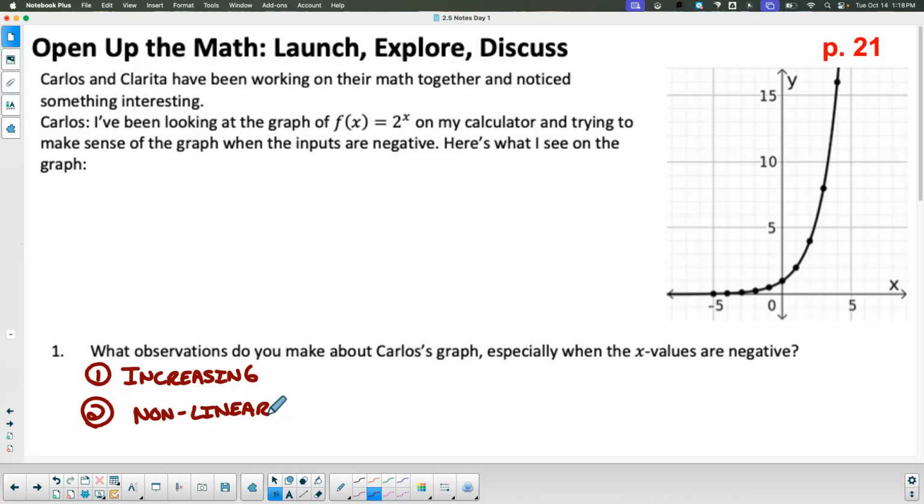Anybody come up with another explanation for the word positive? By looking at the graph?